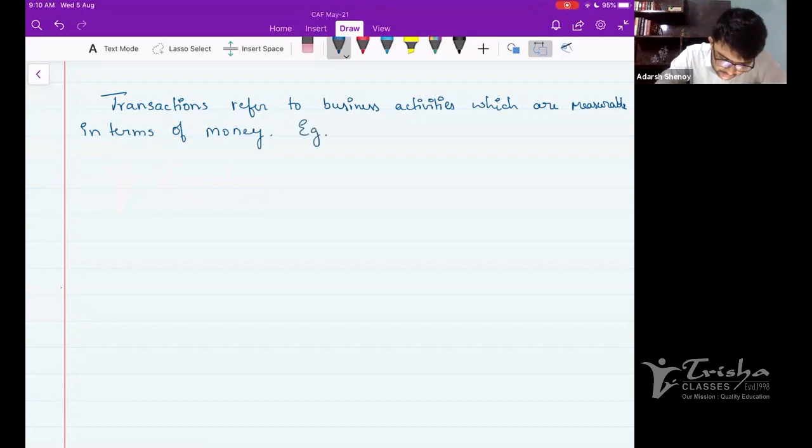Example, sales of goods, purchases, etc.